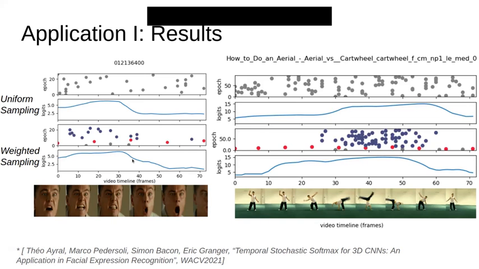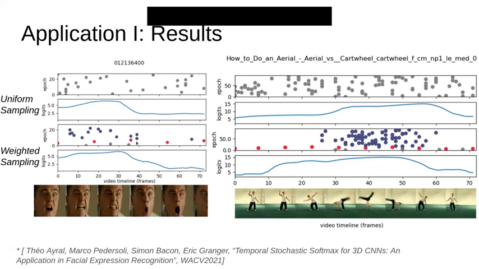We can see the estimation is not exactly the same, but it's quite similar. The difference is that with uniform sampling, we need many more samples to get a good estimation of the importance of each frame.